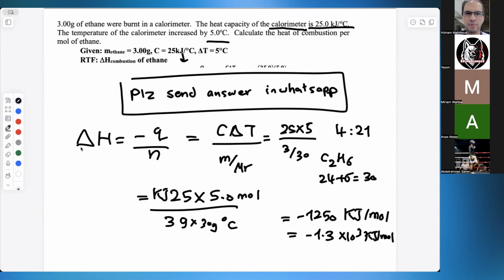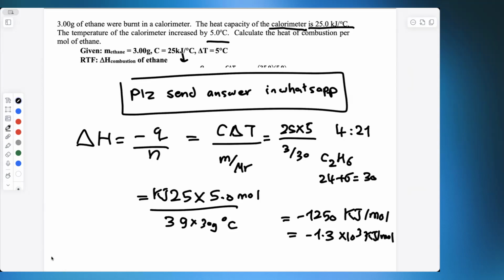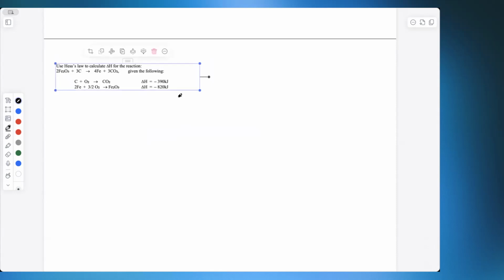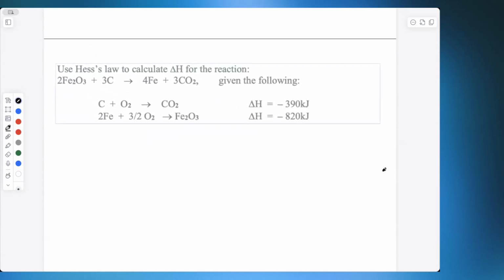Use Hess's law to calculate delta H for the reaction 2Fe2O3 plus 3 carbons give me 4Fe plus 3 carbon dioxide, given the following.